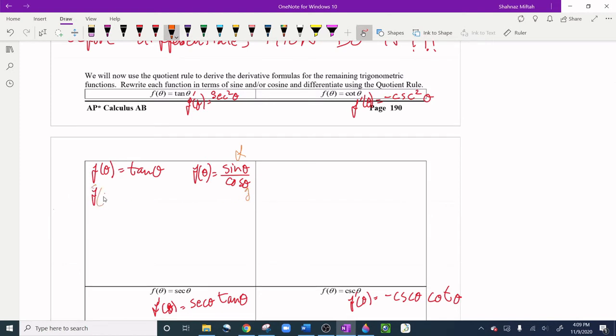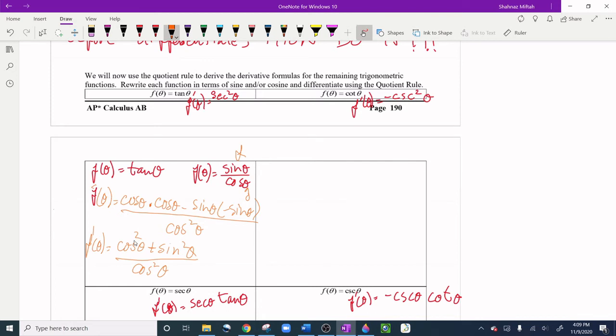So let's take f prime theta equal, g stays as it is, times the derivative of f, which is cosine theta, minus, keep the f as it is, which is sine theta, times the derivative of cosine, which is negative sine theta. In the bottom, everything, I got cosine squared theta. Now again, f prime theta equals cosine squared theta plus sine squared theta over cosine squared theta.